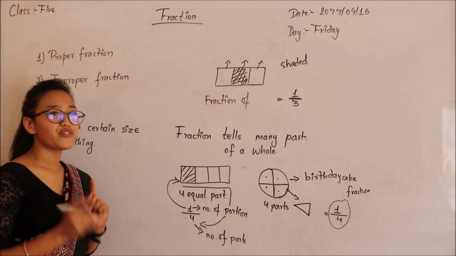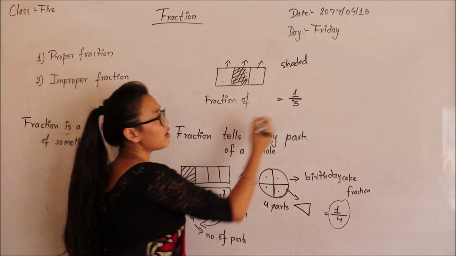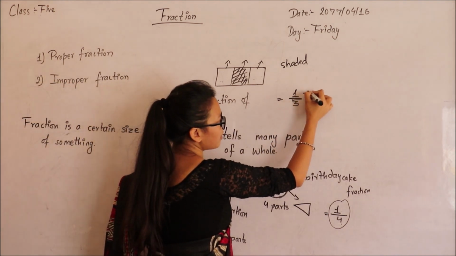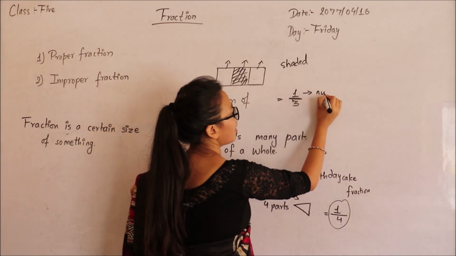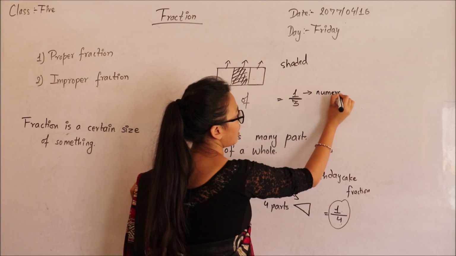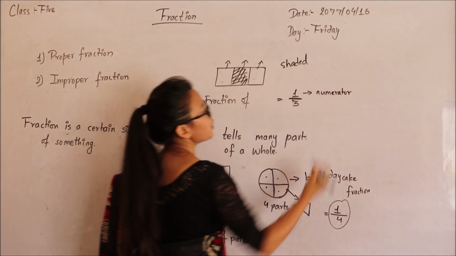Okay, now one more feature of this fraction. What do we call the number that is above the 3? It is called numerator, N-U-M-E-R-A-T-O-R.